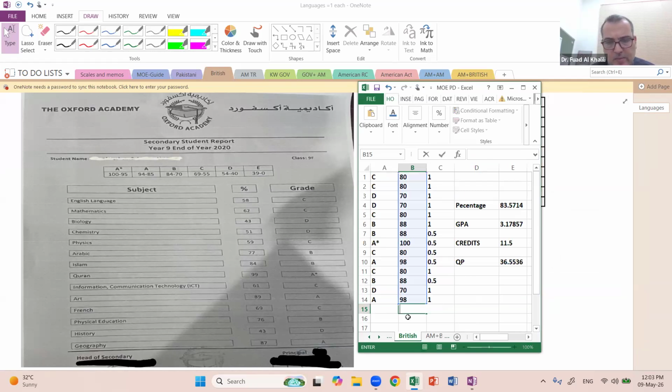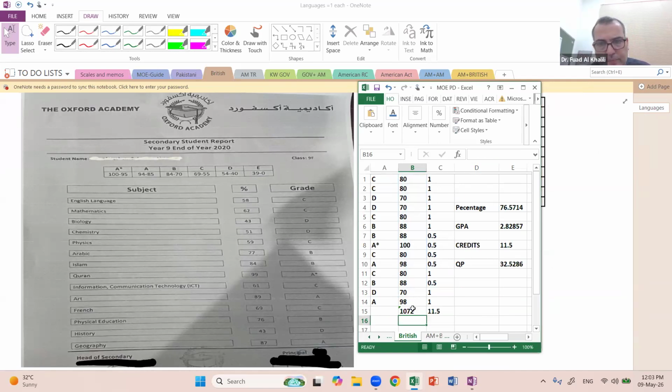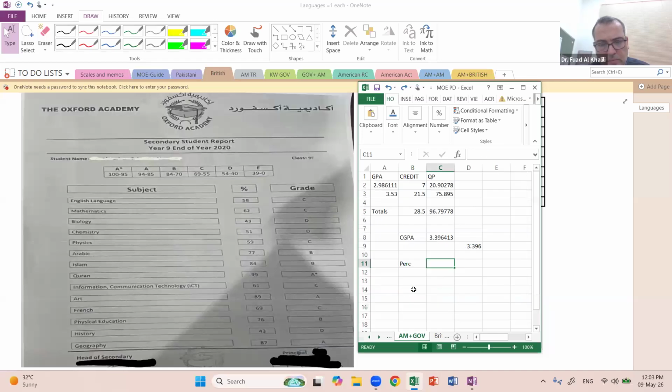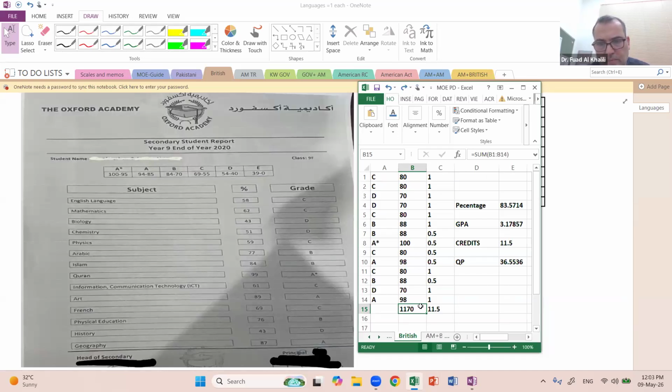The grading that I got equals the sum of these. Okay, the sum is 1,170.